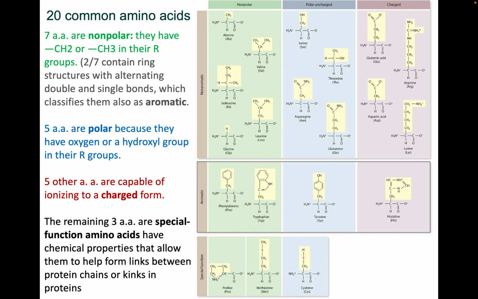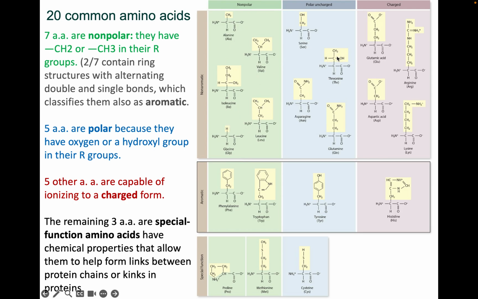So when they bond, they share the electron nicely with each other, and there are no partial negative or positive charges. So they become very non-polar. Because the R groups of these amino acids are like that, they are non-polar.